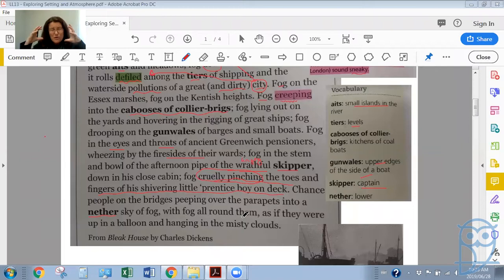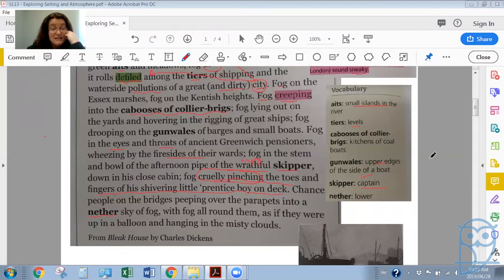So the fog is so dense that it almost feels as if they're up in the sky rather than down on the earth. So all of these effects are used to create the image of just how dense the fog is, how it smothers everything, how it is inescapable. Right. So setting contributes to atmosphere, definitely.